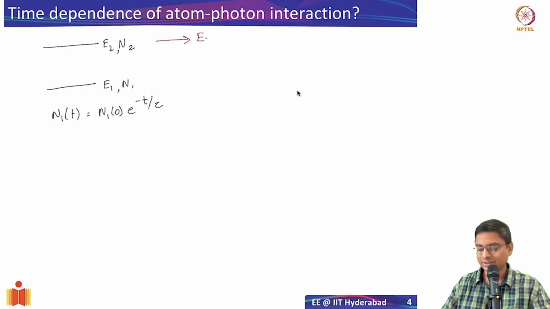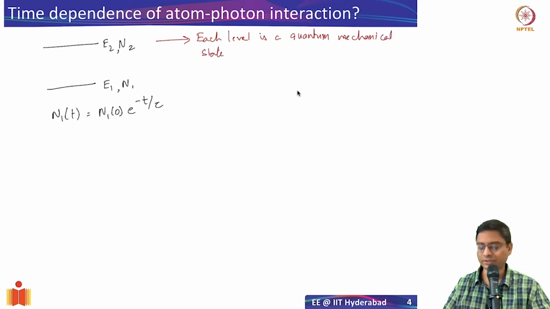So each level is a quantum mechanical state. Okay. And it has a wave function, right? Represented by a wave function.